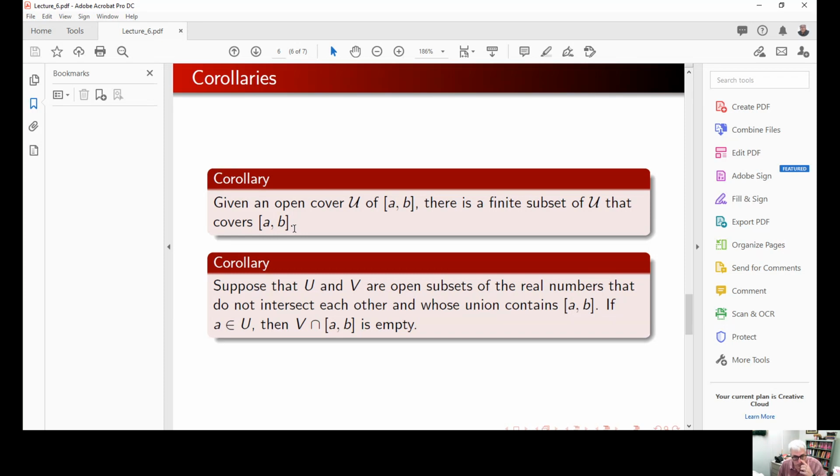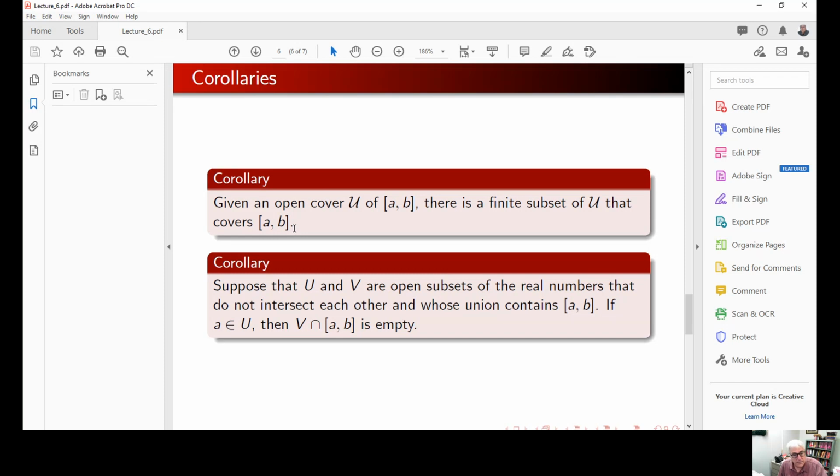Now, how do we do this? Well, our proof would be: start off with a partition, just the one that contains the endpoints A and B. Then add a midpoint to that, add midpoints to that, and keep on going, adding midpoints.